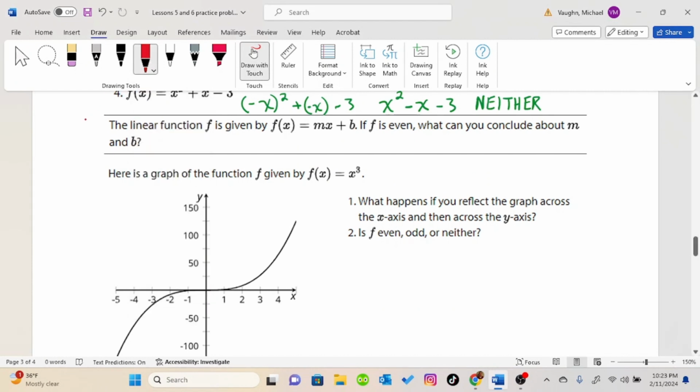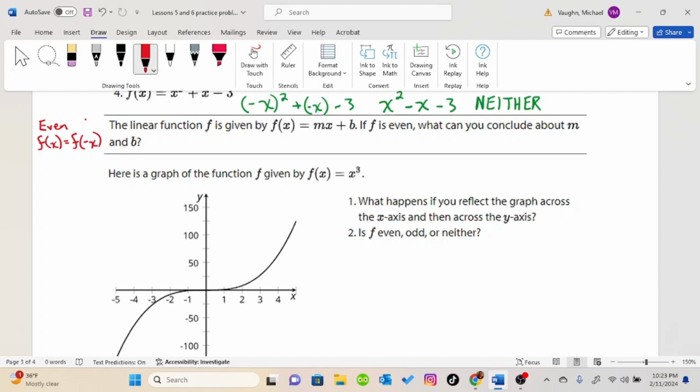The linear function f is given by f of x equals mx plus b. If f is even, what can you conclude about m and b? If this is even, f of x equals f of negative x.